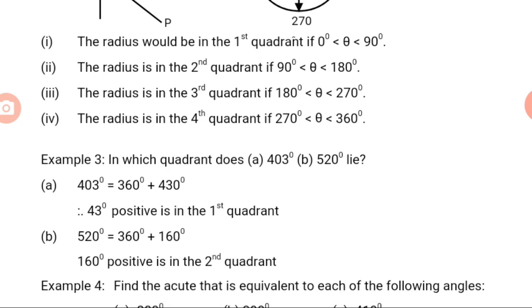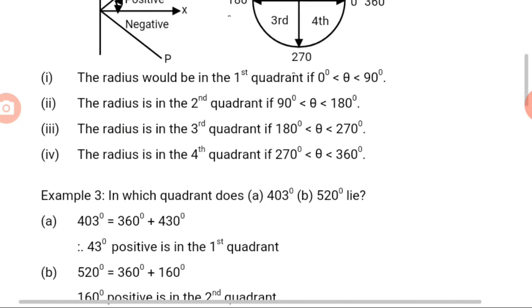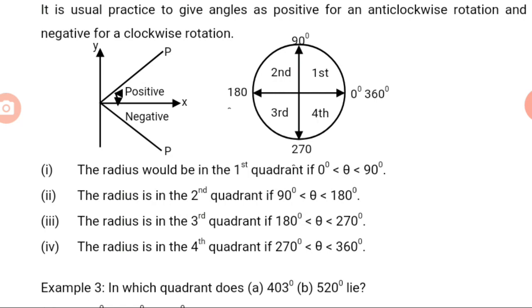Now, let us look at the second one, 520 degrees. What are you going to add to 360 that will give you 520 degrees? It is 160 degrees. Is that clear? So if it rotates from 0 to 90, from 90 to 180, from 180 to 270, from 270 to 360, then from 360 you add 160.